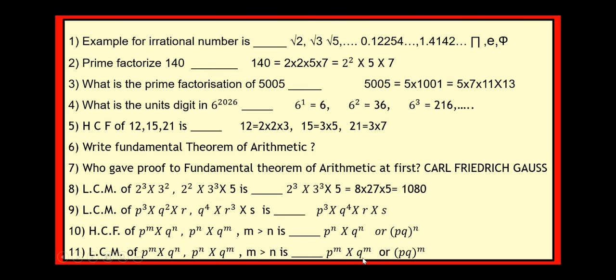Therefore, write P and Q. Next, in finding LCM, we have to find the greatest powers of each prime factor. Among M and N, which is the greatest number? Yes, M is greater than N, therefore M is the greatest number. Since M is the greatest number, you have to write P power M into Q power M. The answer is PQ whole power M. These are the 11 questions.